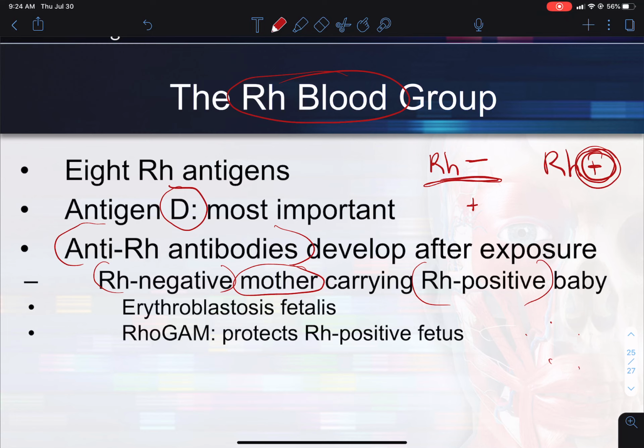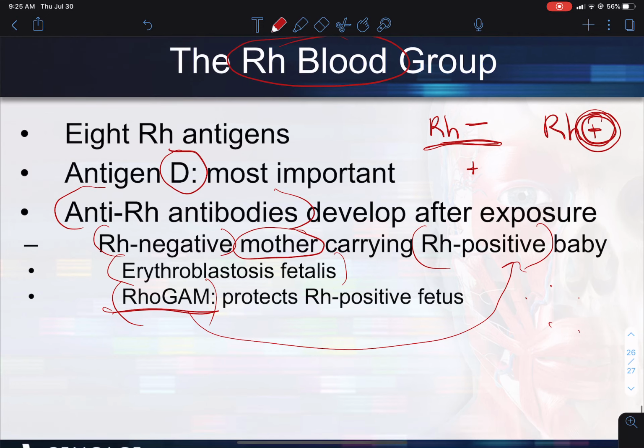So when you go and see the provider for the first prenatal visit, if you are Rh negative and baby's Rh positive, then you'll be given RhoGAM, which protects baby so you don't, I'm saying you as if you're the mother, so you don't stimulate your immune system to try to attack the A positive, B positive, AB positive, or O positive baby. If you were to attack baby and you didn't have this RhoGAM, it would be called erythroblastosis fetalis. Bad news bears.